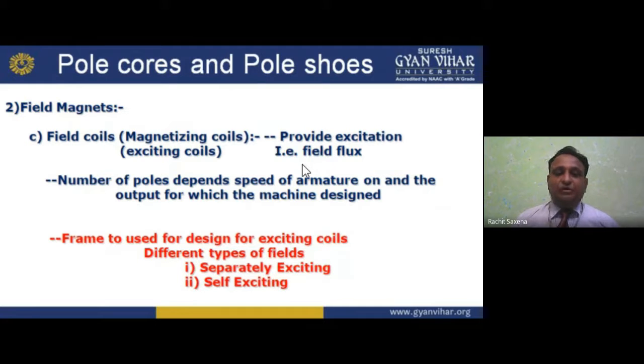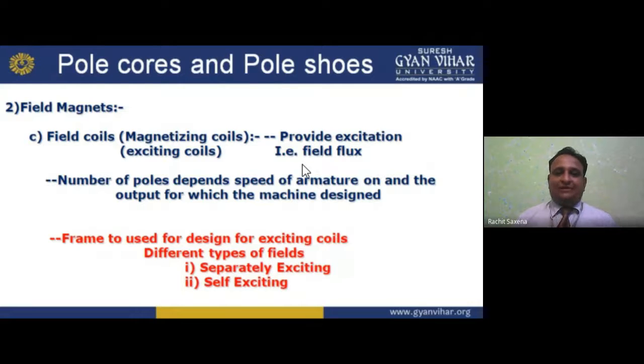Now, the frame, as I told you earlier, is used for the design of the exciting coils, that is, the field coils. I already told you about the different types of field excitation: separately excited and self-excited. On the basis of this excitation, we have two types of DC machines.